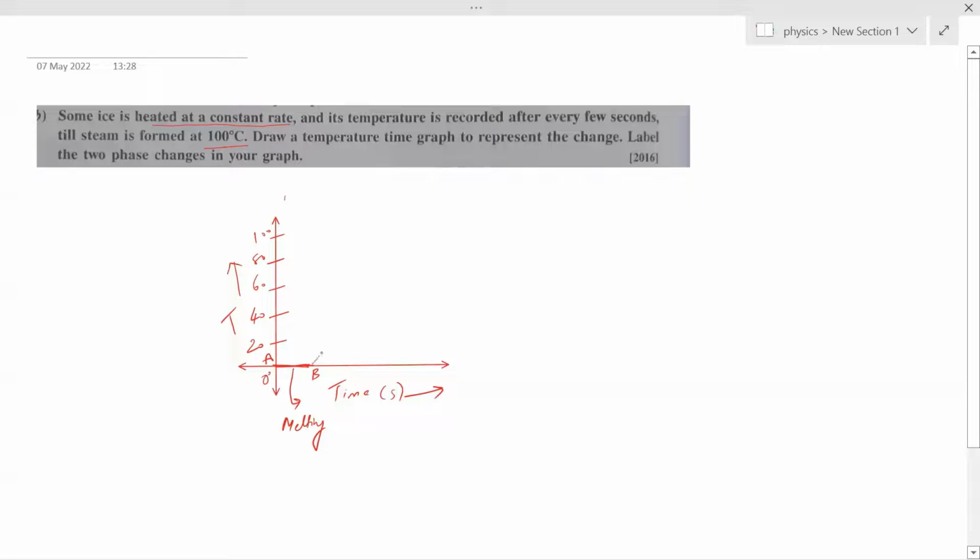Now from 0 to 100, so now this point is water at 100 degrees Celsius. Now again it will get converted to steam.